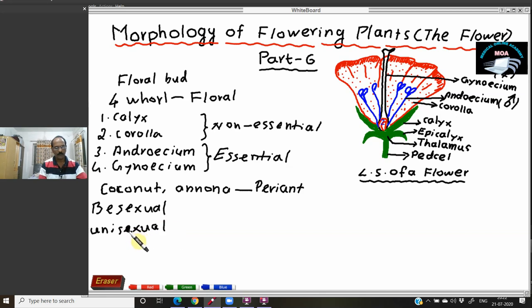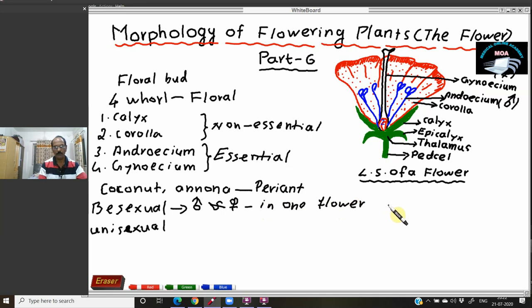Bisexual means the flower having both sex organs, the androecium and gynoecium. The androecium is the male sex organ and the gynoecium is the female sex organ. If both the male and female sex organs are present in one flower, then this flower is known as the bisexual flower.